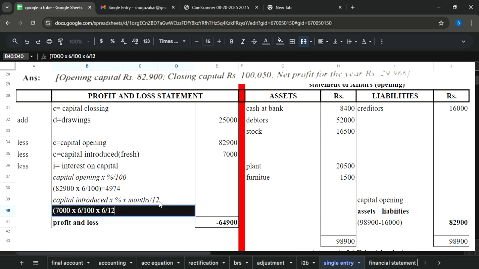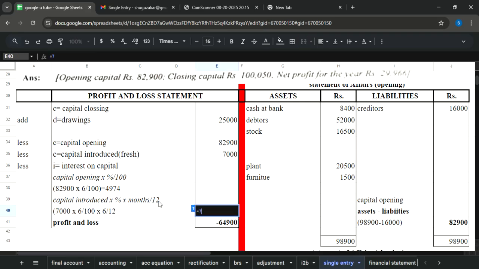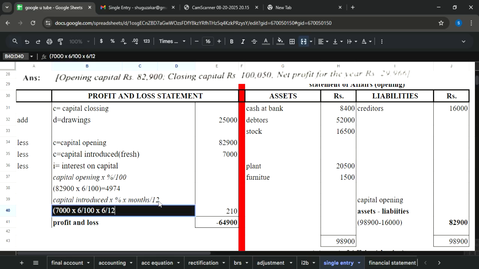This was your formula written over here. So once again I am letting you understand: 7,000 amount of fresh capital, then you multiply 6 divided by 100, 6%, then multiply by 6 months divided by 12. So you have got your amount of interest on introduced capital, 210.